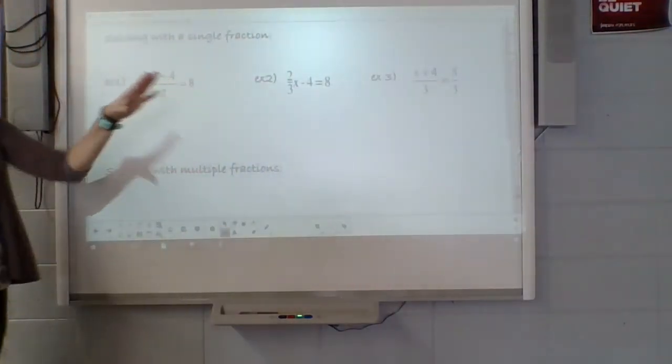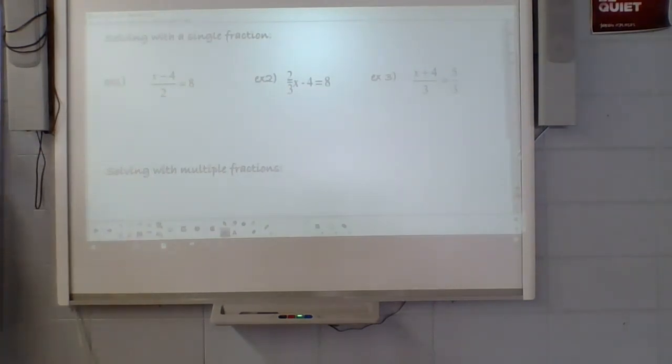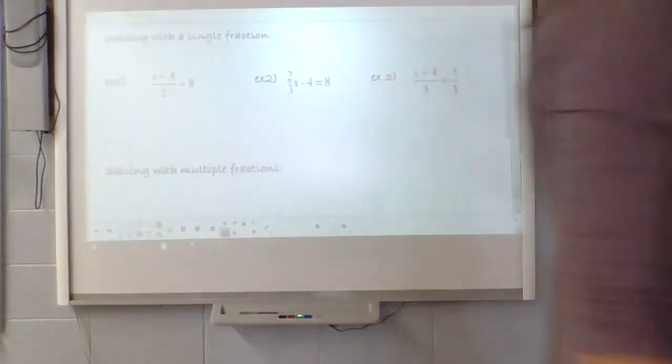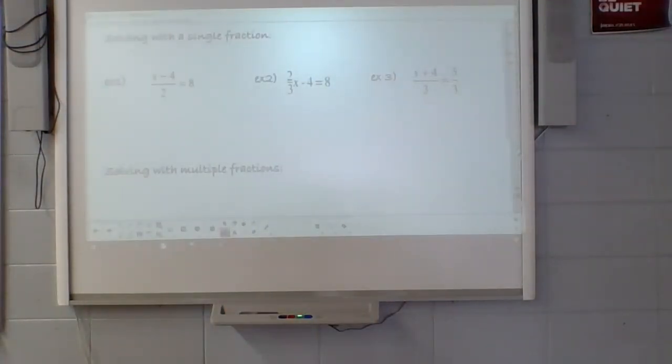So we kind of want to try and get rid of the fractions if at all possible. So for example 1 here, any thoughts on what we're going to do first? So it kind of breaks the rules a little bit. What do you think? I was going to say, since it's dividing by 2, then multiply by 2.